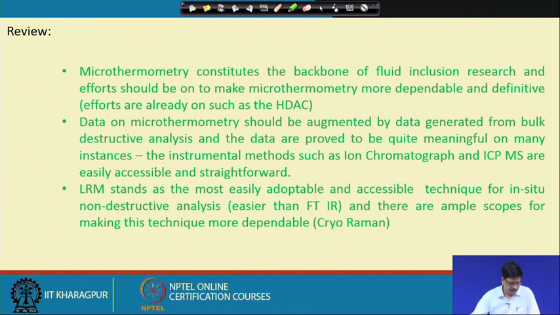This HDAC, this hydrothermal diamond anvil apparatus, has been a very significant development in the recent past, in which it is possible to conduct microthermometric experiments at pressures more than 1 bar. So, depending on what kind of pressure we are able to generate there, we will be able to succeed in getting the homogenization temperature in most of the cases, like the aqueous carbonic inclusions, where the inclusions decrepitated because of building up of high internal pressure.